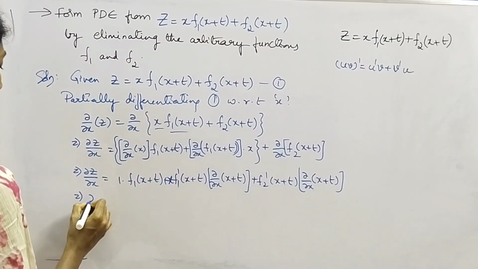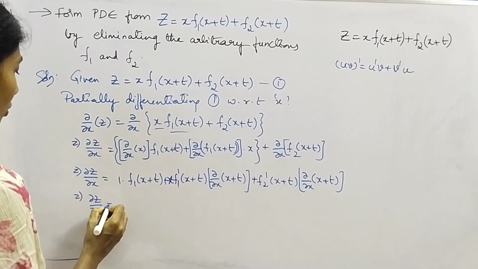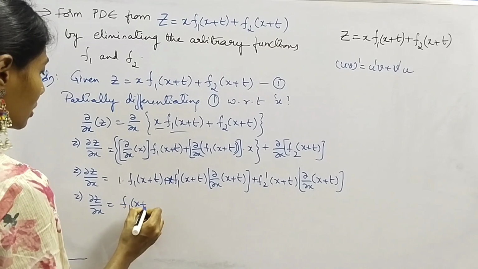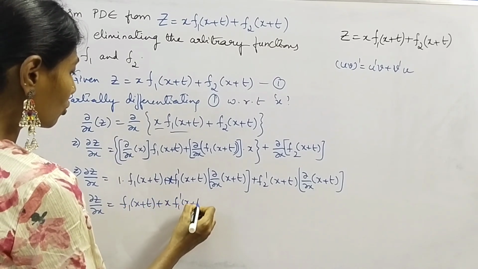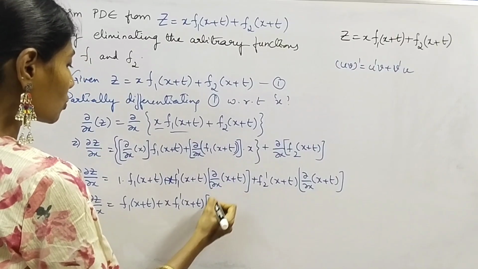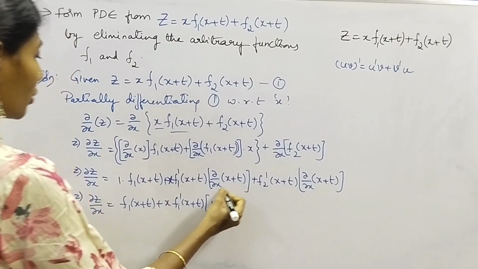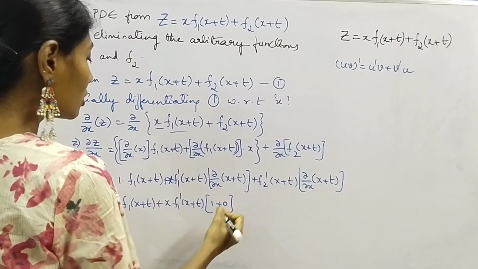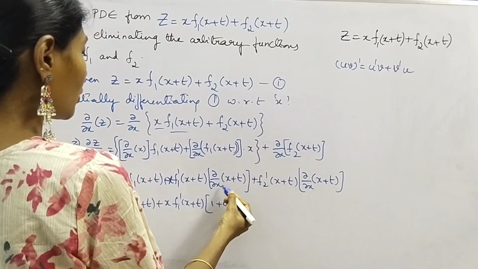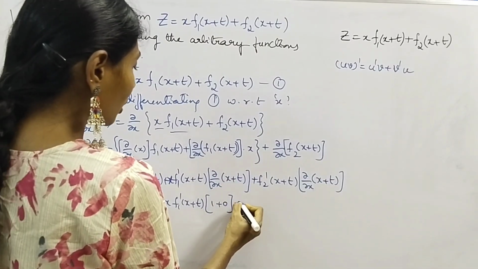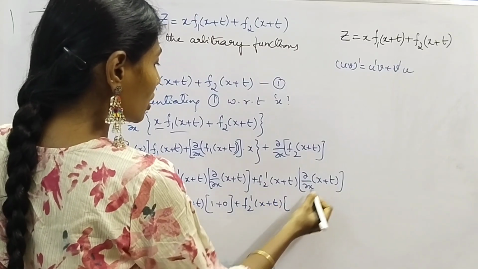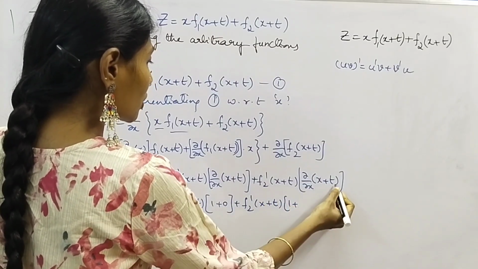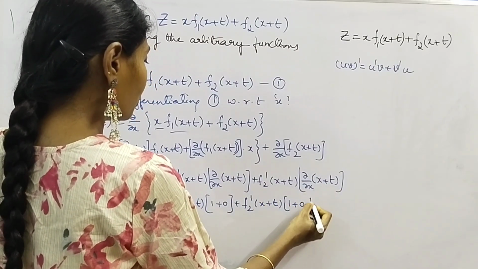This gives us dou z by dou x equal to f1 of x plus t plus x into f1 dash of x plus t into the partial derivative of x with respect to x, which is 1, plus the partial derivative of t with respect to x, which is 0. Since we are partially differentiating with respect to x, we'll treat t as constant, okay, plus f2 dash of x plus t into the partial derivative of x with respect to x, which is 1, plus the partial derivative of t with respect to x, which is 0.